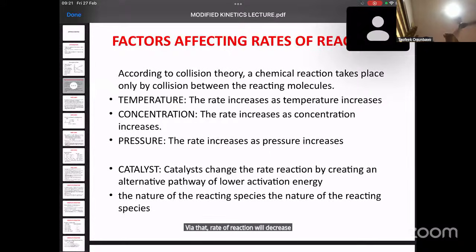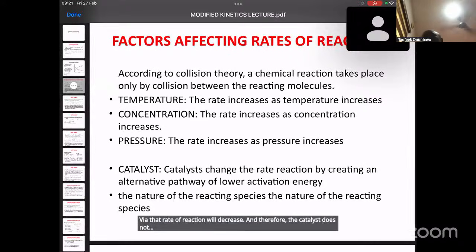And therefore, the catalyst does not affect rate of reaction via its effect on the collision of the molecules, but it does so via a change towards the reaction pathways.